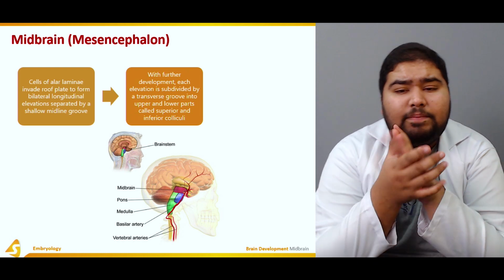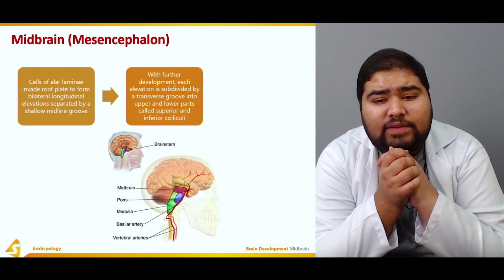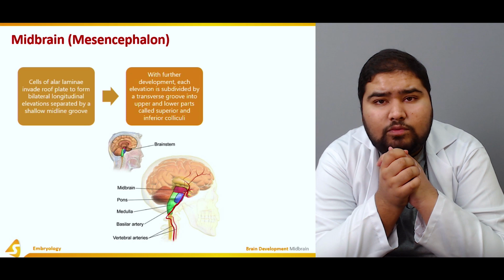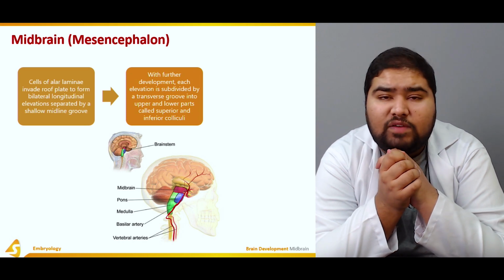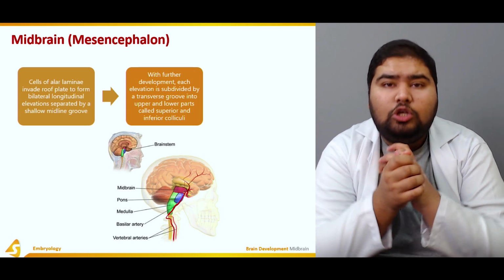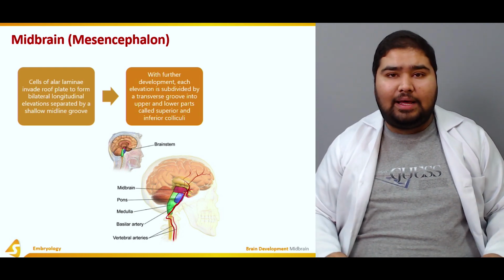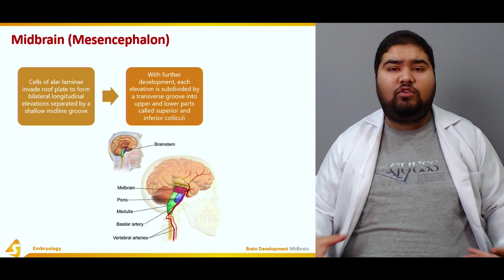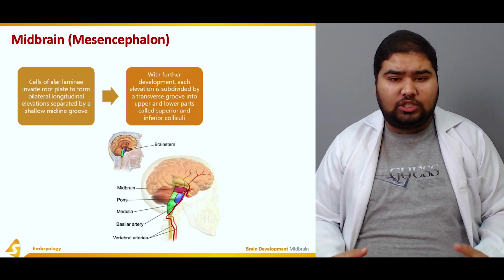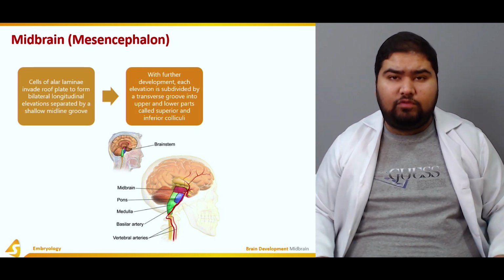With further development, each elevation is subdivided by a transverse groove to form the superior and inferior colliculi. So first of all, we had this alar lamina. The alar lamina formed a proliferation, or it invades the roof plate.